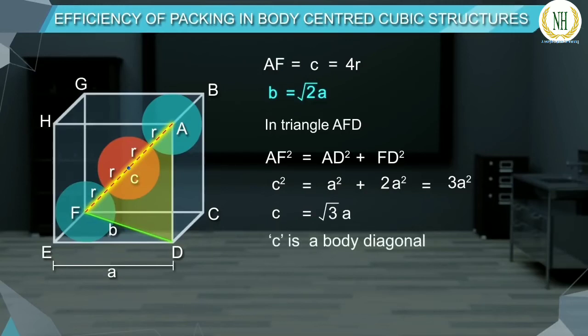But c is a body diagonal which is equal to 4r. Therefore, √3 a is equal to 4r, and a is equal to 4r by √3.